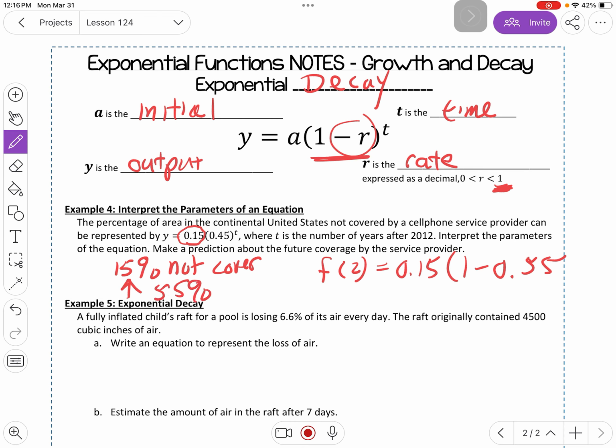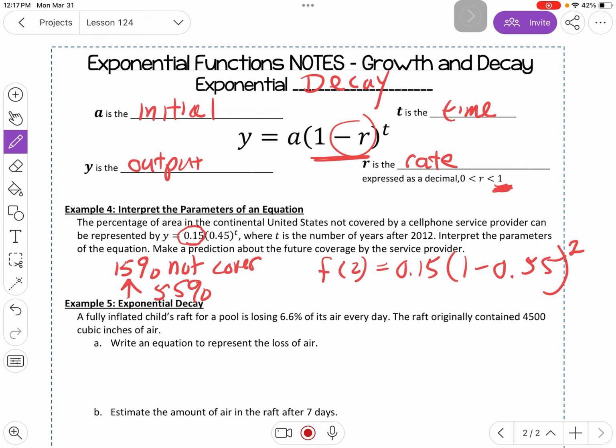And so I'm actually going to take that away from 1 so that I get a new value for the amount of area not covered. So let's say we're going to 2 years. I get 1 minus 0.55. That's the 0.45, right? That's in the equation.